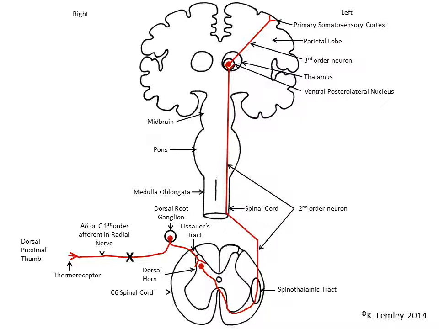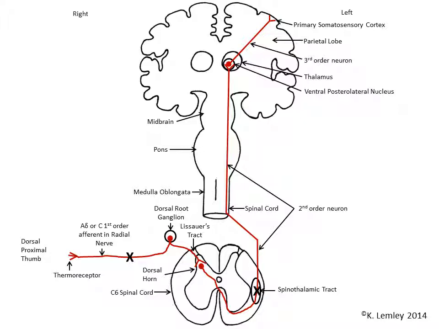If, however, the injury is in the spinothalamic tract, I'm going to affect much more than the area of skin innervated by the radial nerve. I'm going to impair the ability to sense temperature change for all areas on the right side of my body that enter the spine, where the sensation enters the spinal cord at the level of C6 and below.